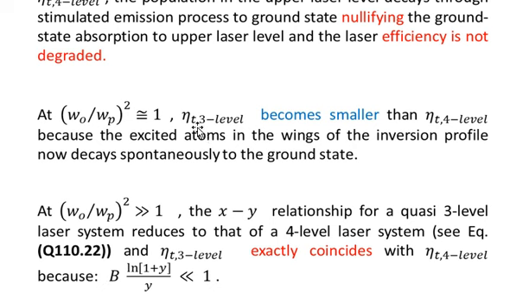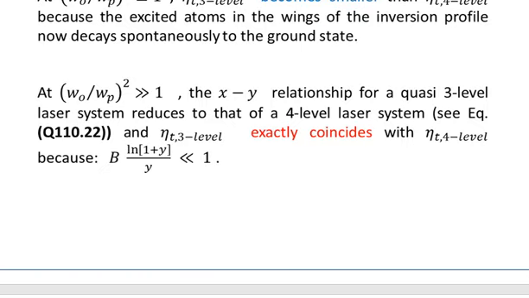The eta t for a 3-level system then becomes smaller than eta t for a 4-level laser system, because the excited atoms in the wings of the inversion profile now decay spontaneously to the ground state. So you see that in this condition, the spontaneous decay is also possible. That's why the transfer efficiency for a 3-level system is smaller than that of the 4-level system.